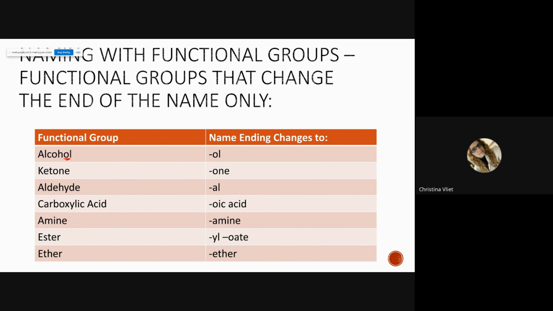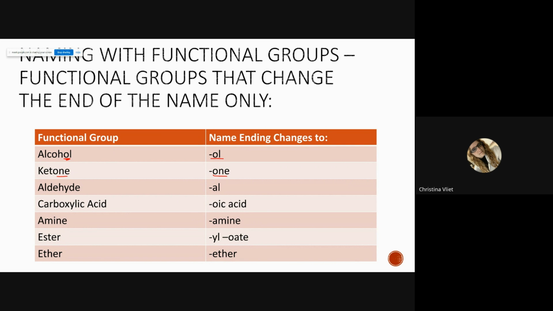Alcohols, you change the ending of the name to ol. Ketones, you change the ending of the name to one. So far, so good? Ketone, one. Your test is on paper, who cares?